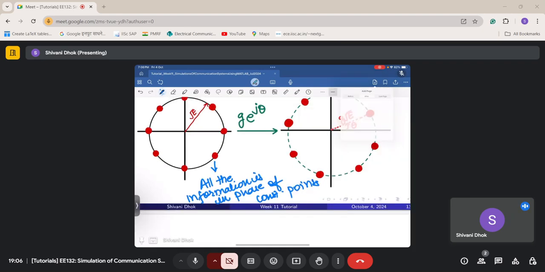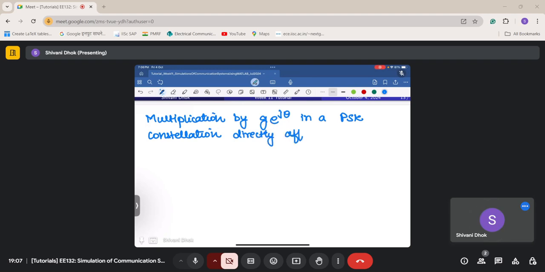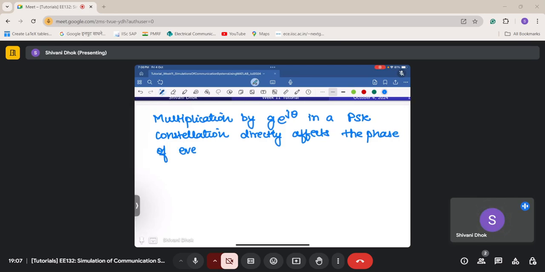So multiplication by g into e power j theta in a PSK constellation directly affects the phase of every constellation point and hence affects the information.